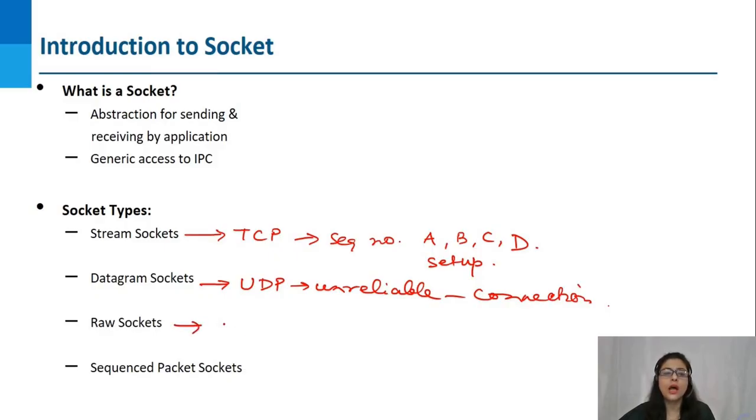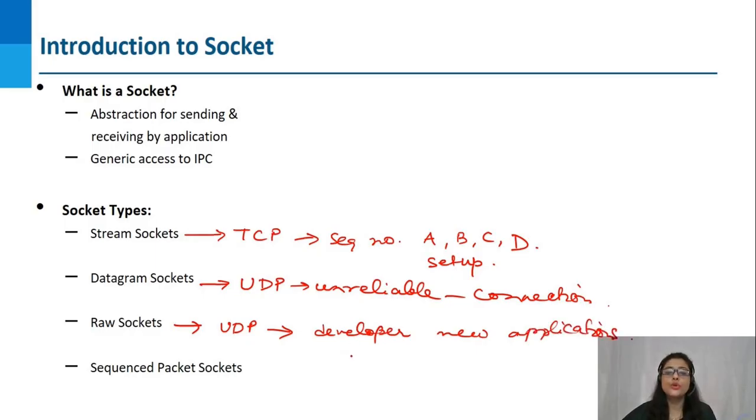Raw sockets are similar to datagram sockets and they use UDP protocol, but here they are mainly used for developers for developing new applications, or they can be used to move into some of the cryptic areas of existing protocols. And these sockets are not used by any general user.